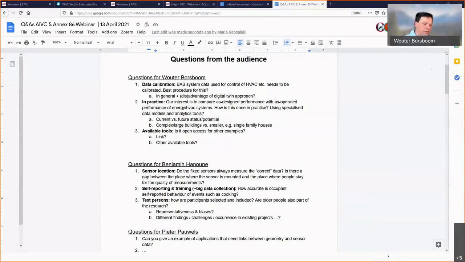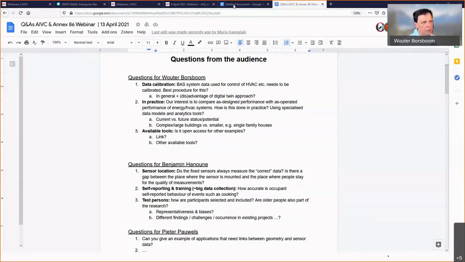I also saw a presentation from DTU, and they also have a very complex model, and they used a gray box model with only one zone. And for the 2 dwelling projects we are now doing, we have a multi-zone model for a dwelling. So I think the complexity of the model doesn't depend on the building itself, but on the quality of data you get. That is more of a factor than the building itself.